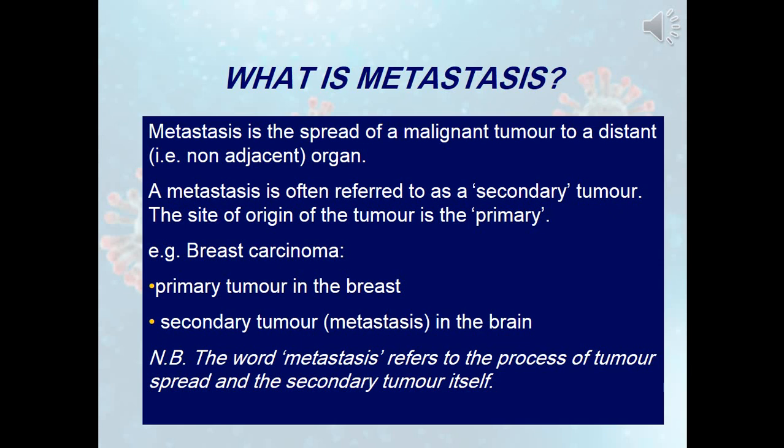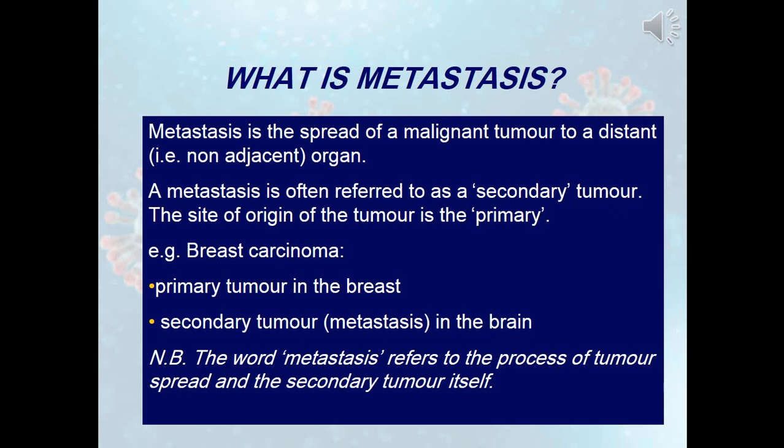For example, breast carcinoma. The primary tumor is in the breast. The secondary metastasis could be in the brain. So the malignant cells could invade the vascular channels in the breast tissue, travel through these vascular channels, and then pass the blood-brain barrier and settle out in the brain as a secondary metastasis.